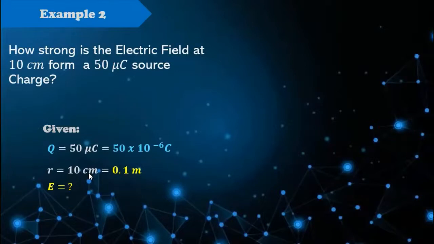And take note, in the formula, it should be in meters. Therefore, let's convert 10 centimeters into meter. So we have 0.1 meter, and the unknown is the magnitude. Observe the given. We don't have the value of the force. Therefore, we are going to use this formula.